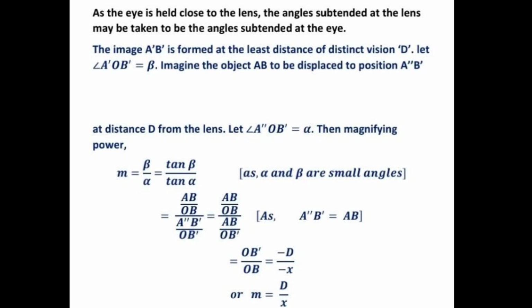Then we apply the formula of the magnifying power, which we express in the form of the angles, that is beta divided by alpha. These angles are very small, so we can apply the trigonometric functions and calculate the value of the magnifying power. We have the final expression as small m is equal to D divided by x.